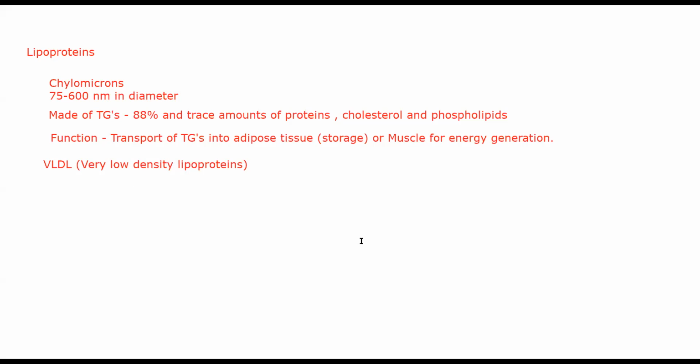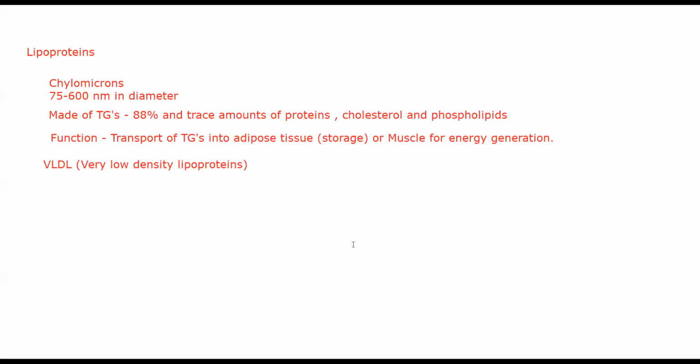They are quite rich in triglycerides, not as much as chylomicrons, but still quite rich, and they are specifically secreted by your liver. Their main function is to carry triglycerides, specifically endogenous triglycerides, from your liver to peripheral tissue.